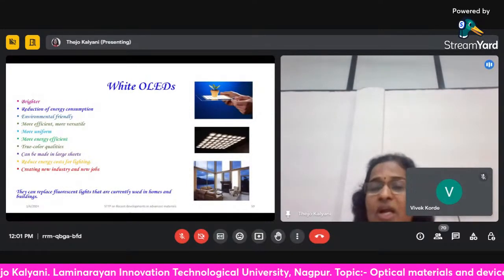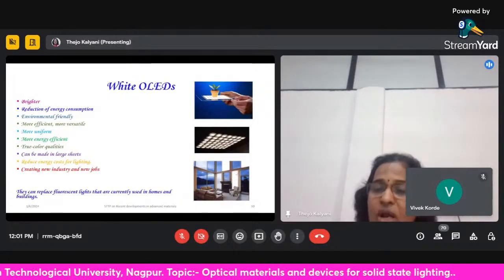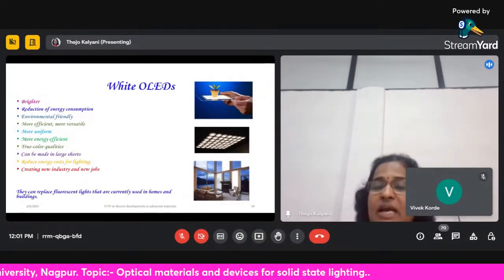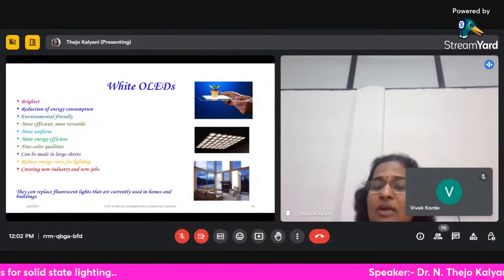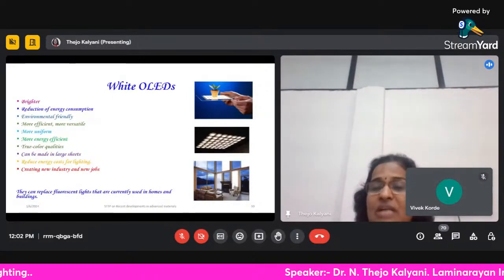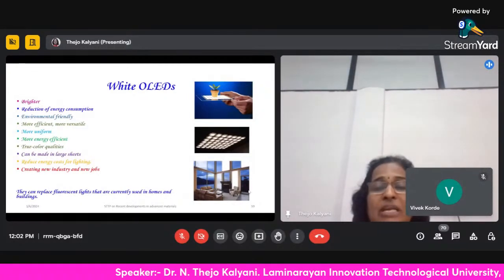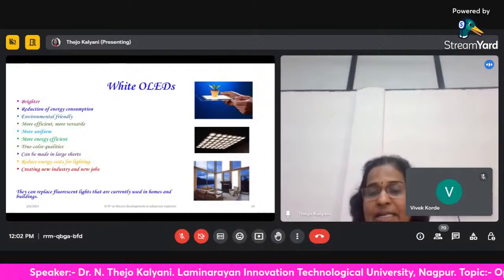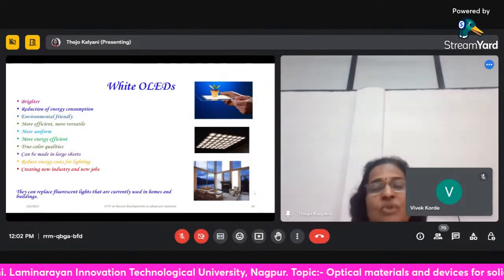Instead of using a fixture or a bulb, we can coat the phosphor onto a larger surface area, and whenever we switch the light on, the anodes and cathodes will be there, and they are going to emit light in this fashion. This type of technology is going to minimize the space required for lighting, and even the fixtures are not required in such solid state lighting with OLEDs.